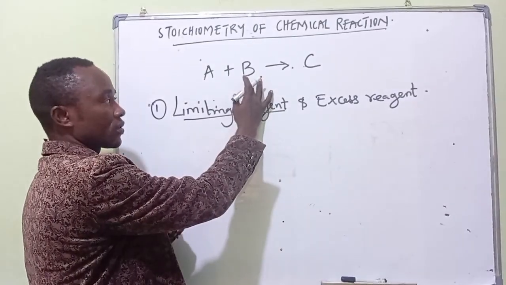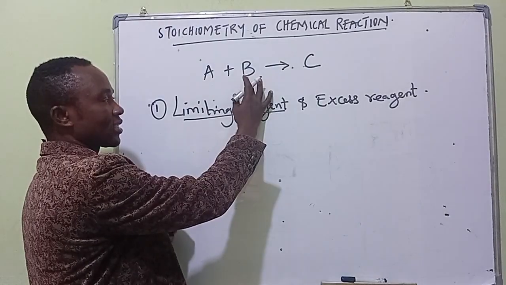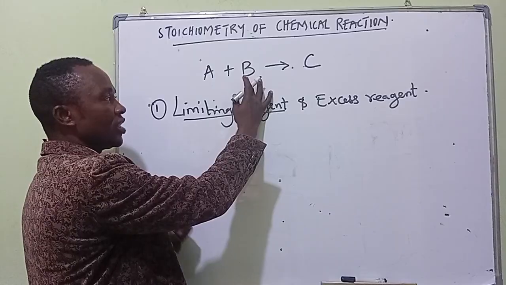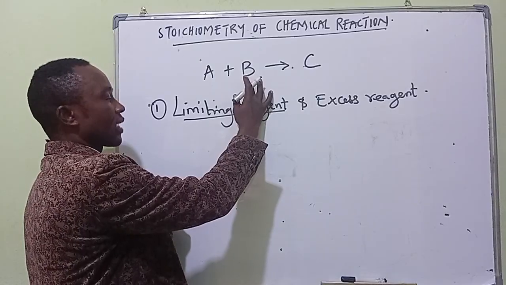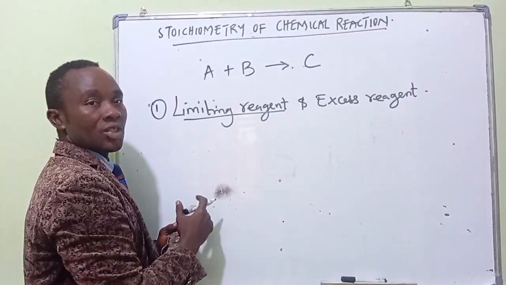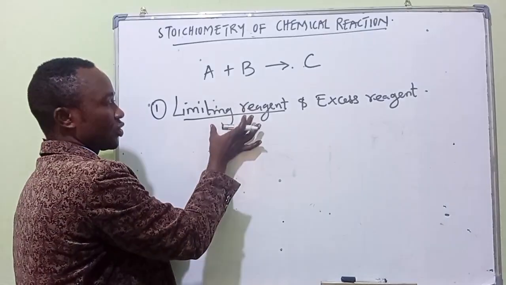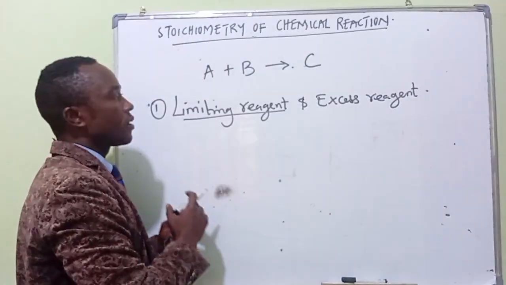So that reagent that finishes first during the course of the reaction has limited the reaction, it has stopped the reaction, and that is why we call it the limiting reagent.